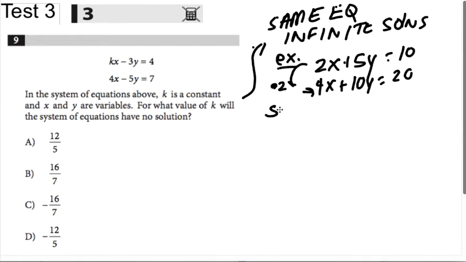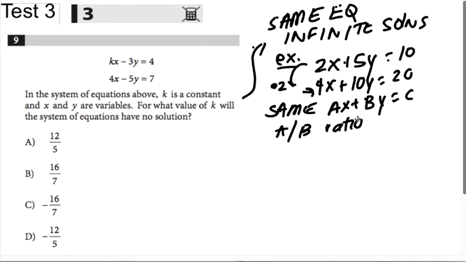But if we call this ax plus by equals c, and they have the same a to b ratio, but the c's aren't the same.